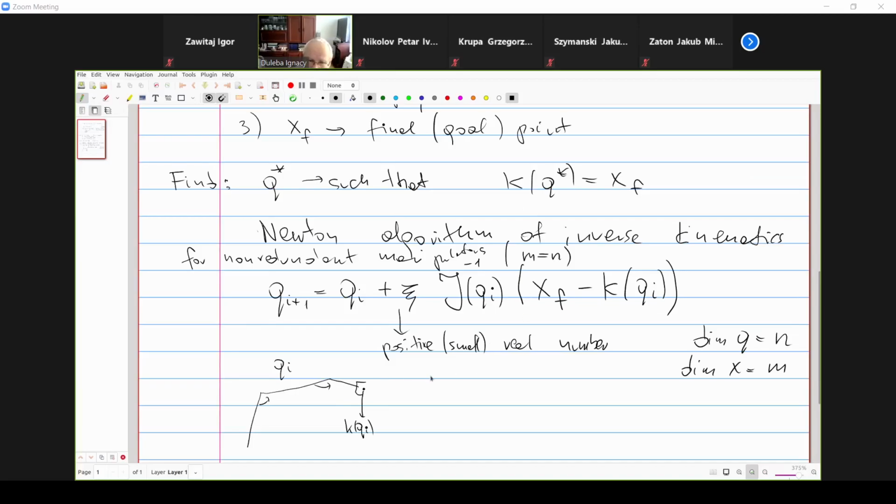And XF, let's say it is here, is our goal point. And the method is based on sequential approaching along this line from this point to this. This coefficient influences how fast we go along this line.